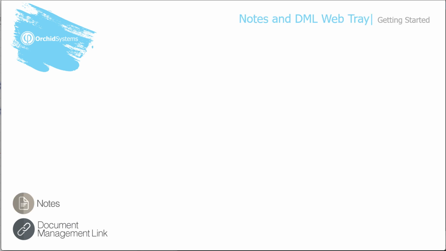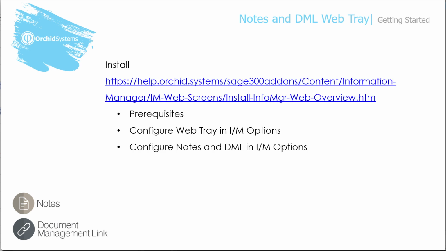Next, to get started with Information Manager Web Tray to display notes and document management link. To install, there's a bunch of prerequisites which we've touched on. You need a subscription license, you need to run the latest product update of Sage 300, version 24 or 25, and install Information Manager PU13.